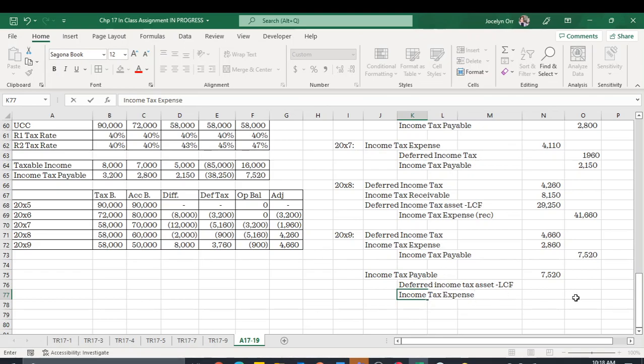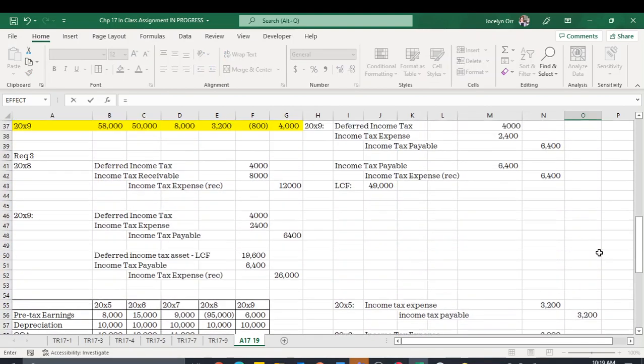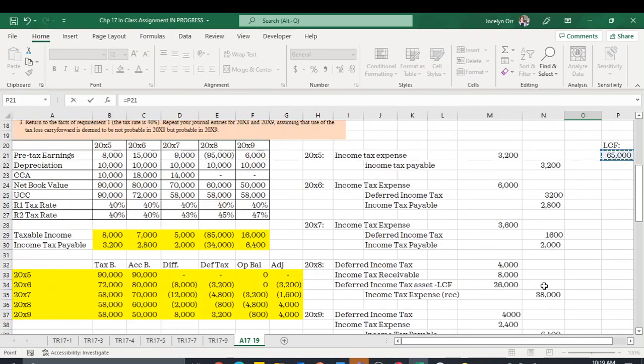Okay, so the reason for this is that we have this in requirement 3 where we didn't in requirement 2, is that we have a change in our tax rate. That means that we have to record that change, basically. So my income tax expense is going to be my $65,000, and I'm going to multiply by the change in my tax rate.